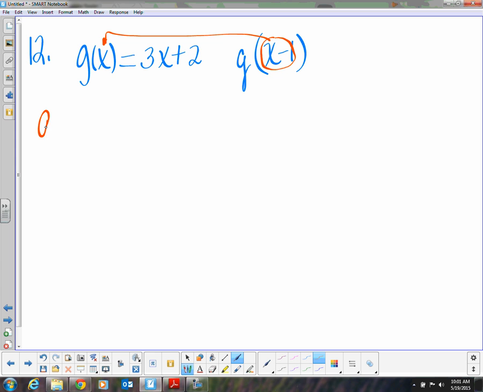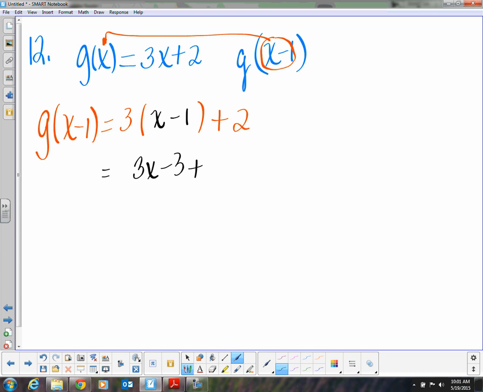So that means if you want to do g of x minus 1, you first have to take the function, prepare it for substitution. Now, what are we supposed to put inside here? X minus 1. So my suggestion is you mark these. Anything that you were not sure of, mark so you go back and study it. Distribute, you get 3x minus 3 plus 2, or 3x minus 1.